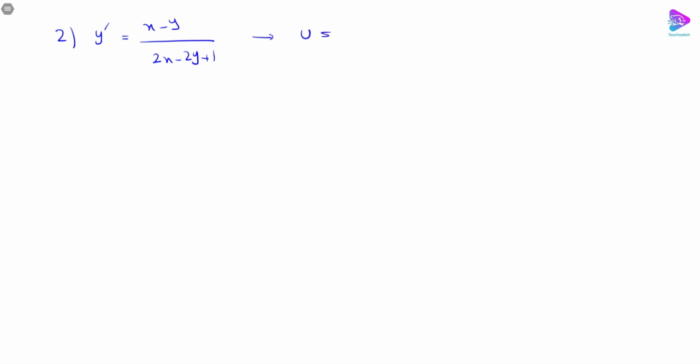I'm going to make the change of variable like so. Does that make sense? And I'd like to always write this down for future reference.